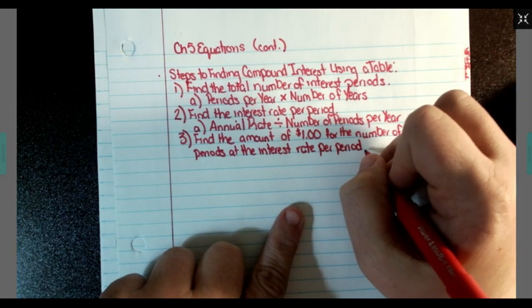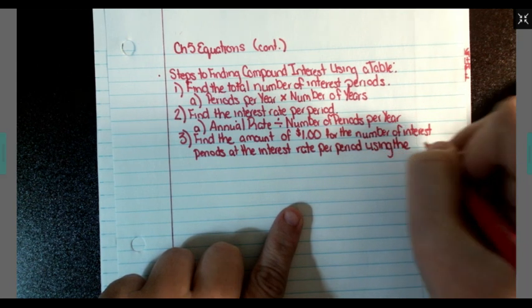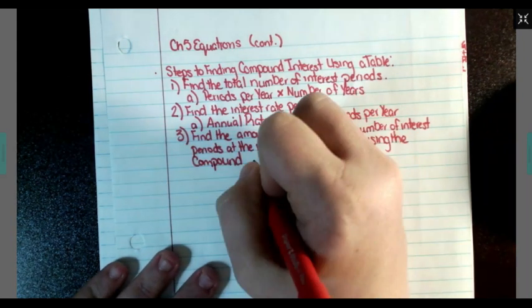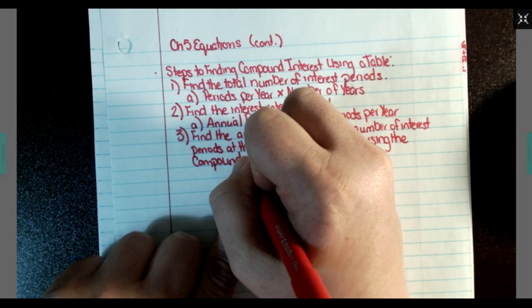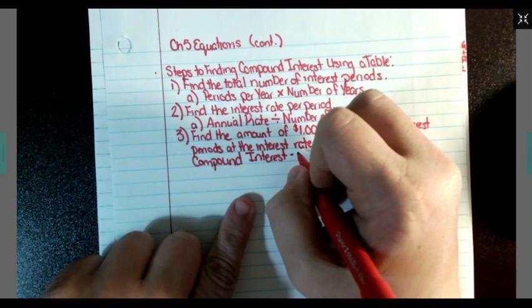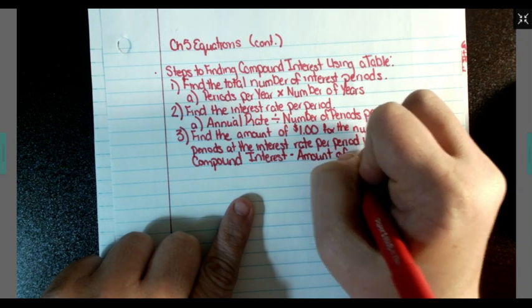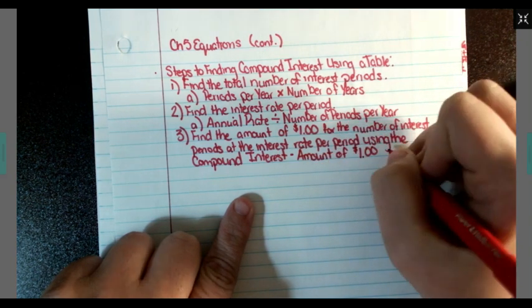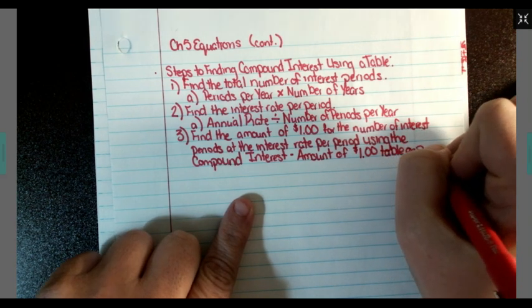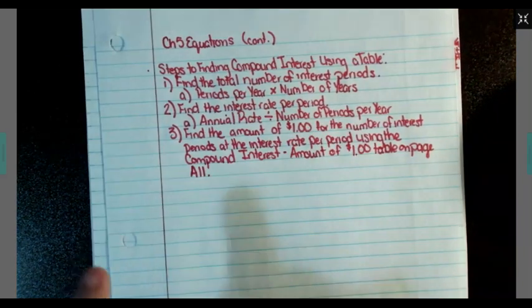Using the compound interest amount of $1 table on page A11. So you're going to need your blue books.